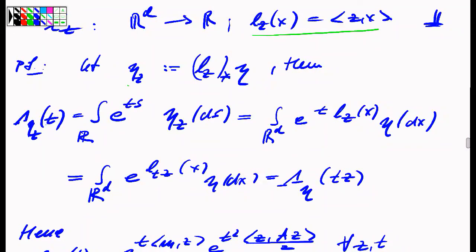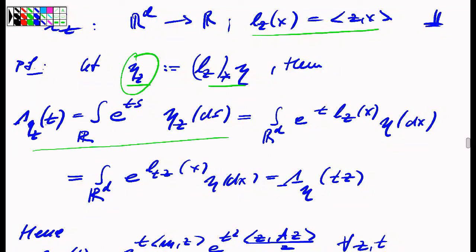Well, let us give a name to this projection into the direction z of the measure eta. Let's call this eta_z. We can identify the measure eta_z, at least theoretically, if we know its Laplace transform.